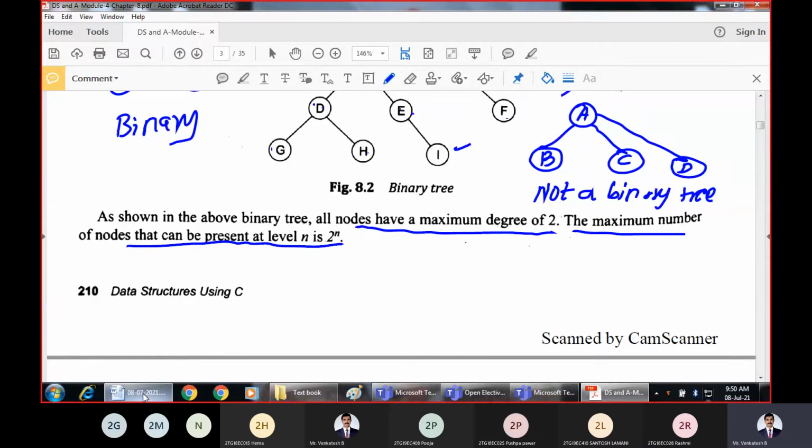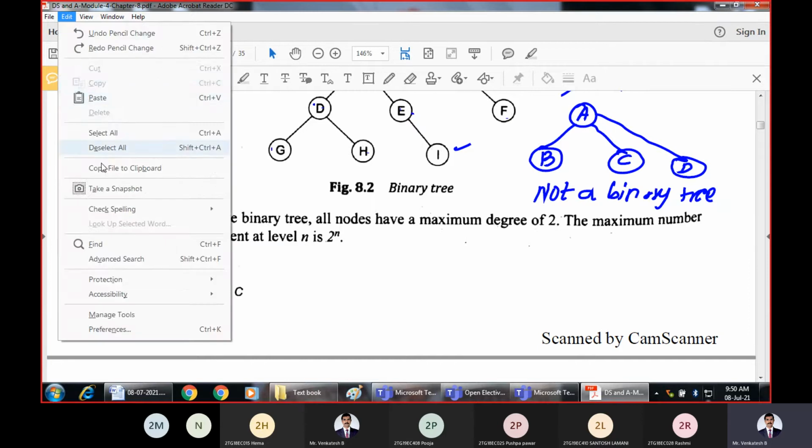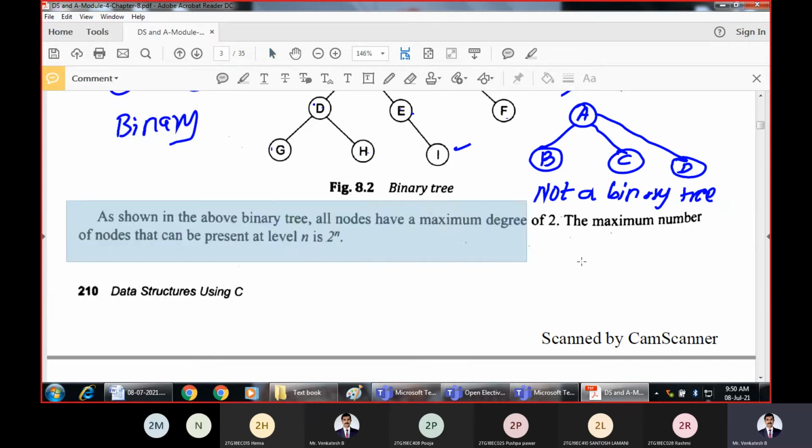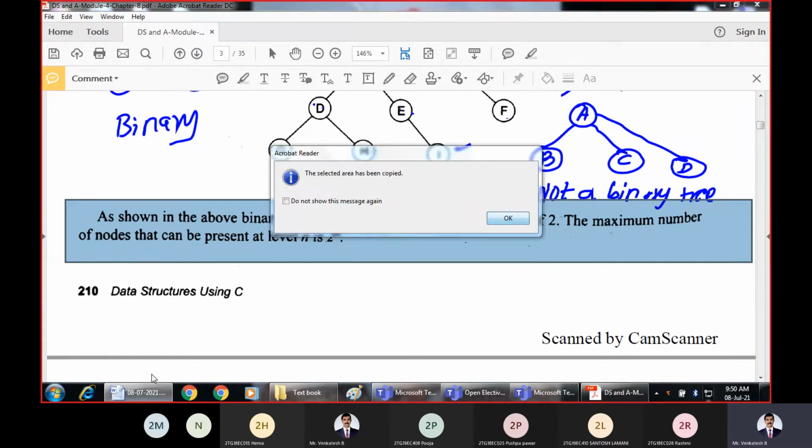2 raised to n, that is, at any given level, the maximum number of nodes can be 2 raised to n. If you want me to explain this concept, there must be a derivation for this, but it is not there here. I'll try to explain it.